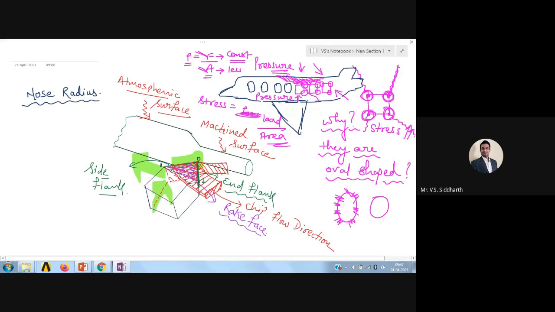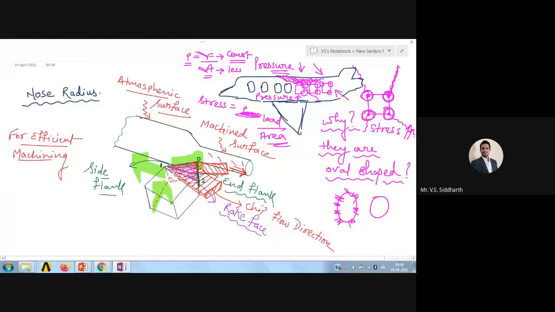Now let us assume that the chips, instead of flowing away from the machined surface, are flowing towards it. Then what will happen? Obviously, these flowing chips will stick to the machined surface because they are at very high temperature.